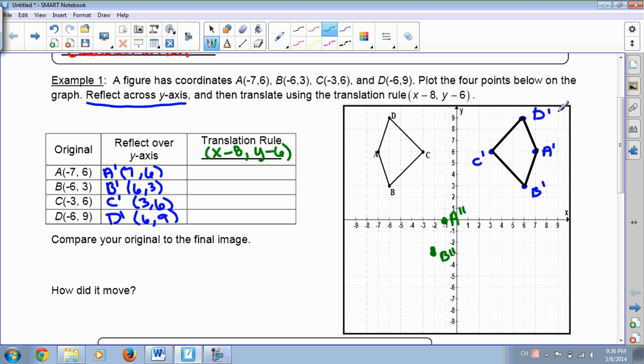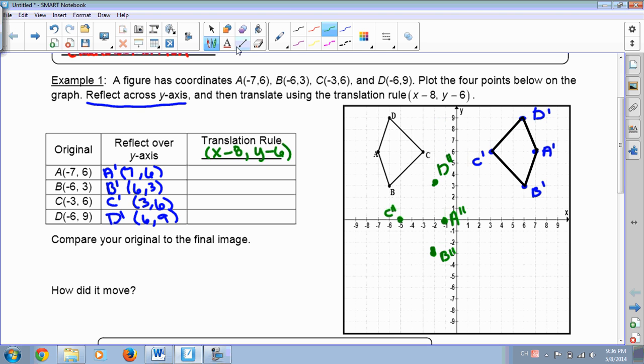B prime prime. D, or let's do C next. Over 8, down 6. C prime prime. And D, over 8, down 6.